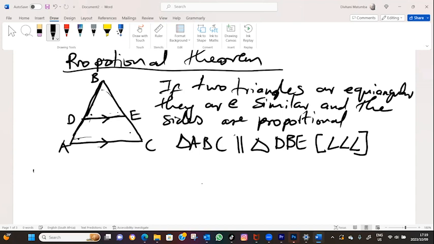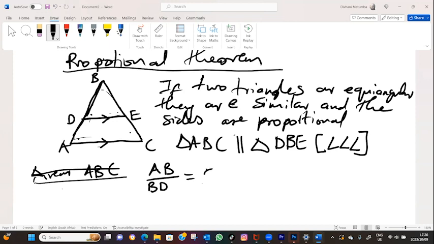Now, what we know also is that if you divide the following sides, AB divided by BD will be similar to CB divided by BE.